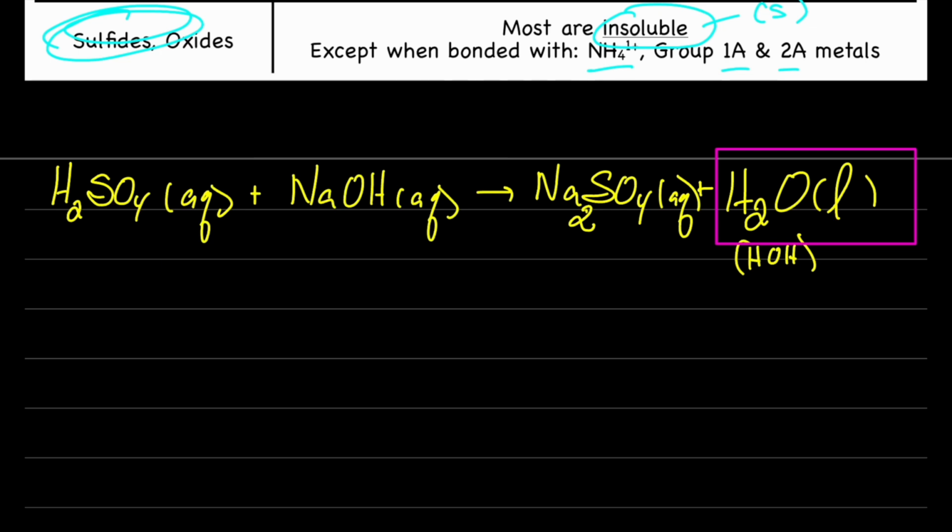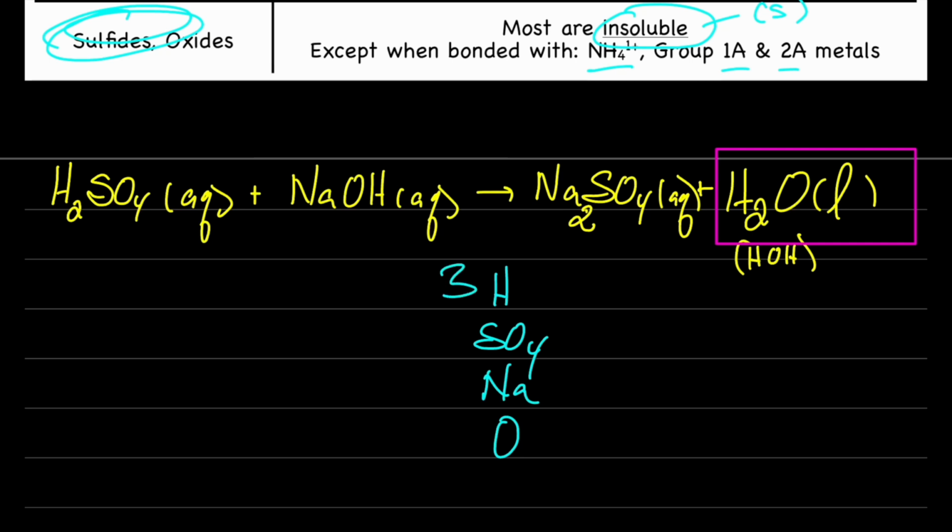Let's see, we have H. SO4 we can keep together because it's on both sides. We have Na. We cannot keep our OHs together because they're not on both sides. So we have an O. All right, so our H's, we have 2 and 1.